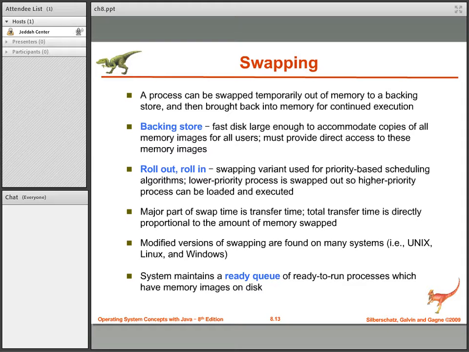So if a process does not need to be run immediately, then its space in the main memory can be used for other processes, and it can be swapped temporarily out of the memory until the time comes when it is really needed to be run.